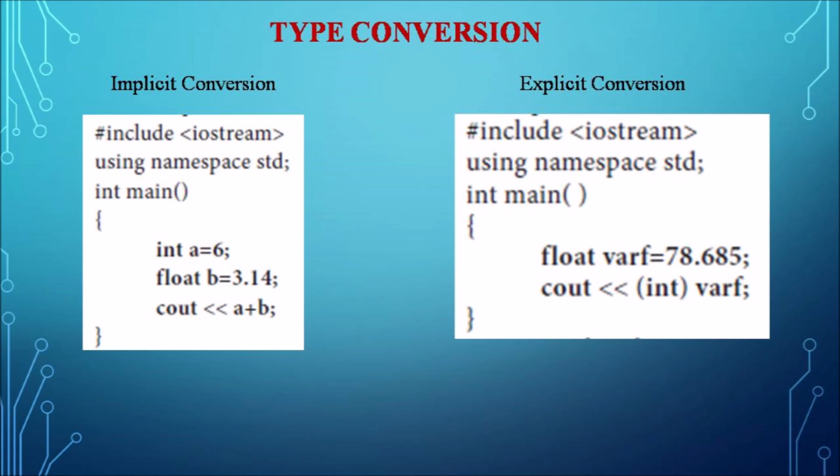This means the variable f is forced to change to the integer data type. So the result will be 79, because a fractional part of 0.5 or more is rounded to the next integer. So 78.685 is stored as 79. This is how we explicitly force the compiler to convert the data type.